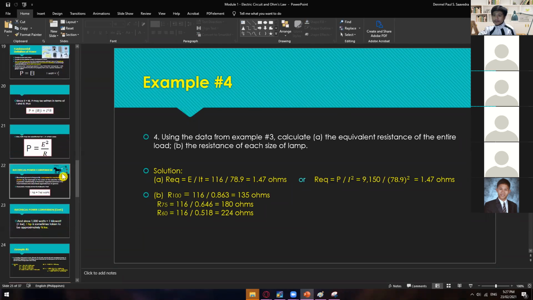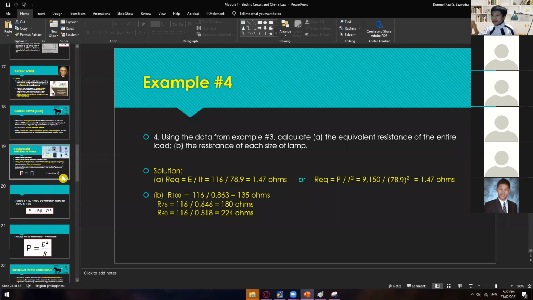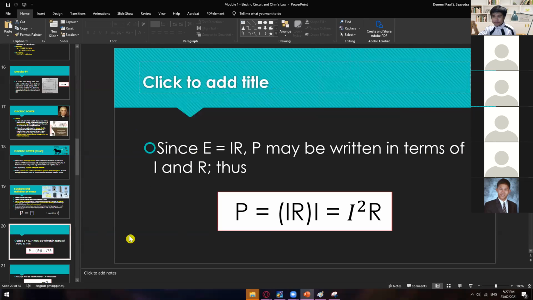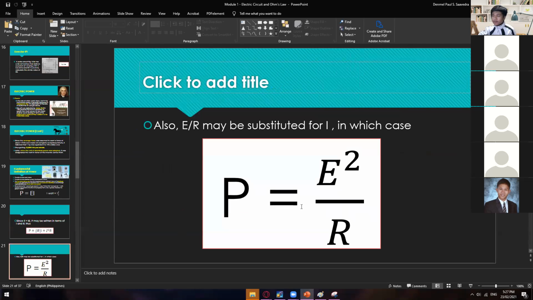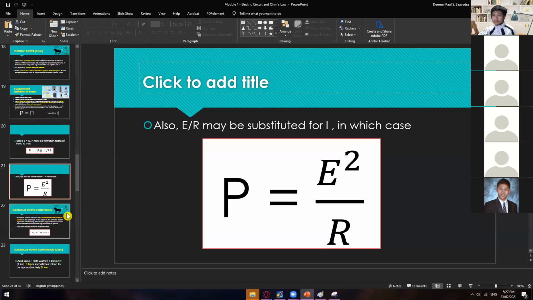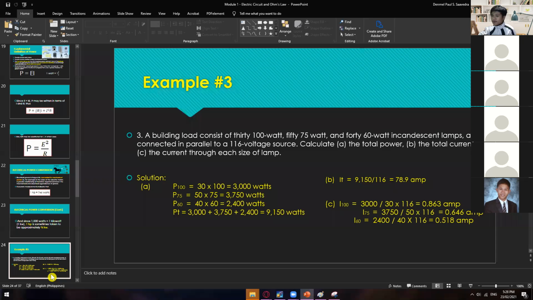Are we able to define E divided by I? Anyway, so it also came from here, E divided by I. Wait, I think we weren't able to define this formula.